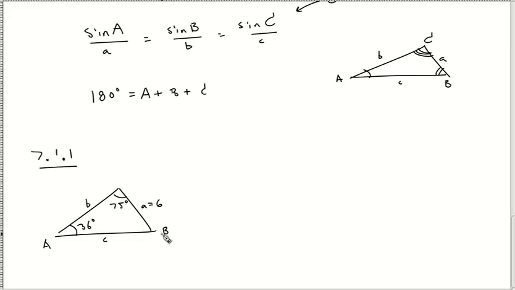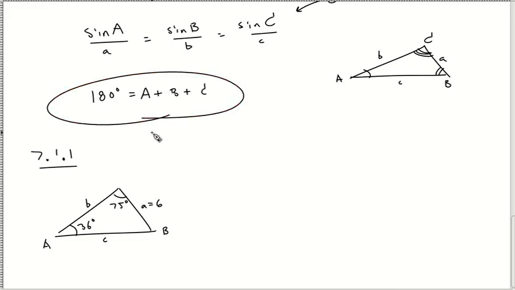Capital B. Which one are we going to use, the top one or the bottom one? The bottom one is right, because what we're going to do is plug in all the angles that we do have. So I have 180, and then I got 36 plus B plus, what's C equal to?